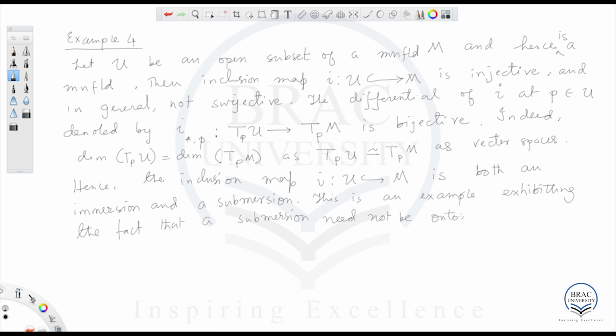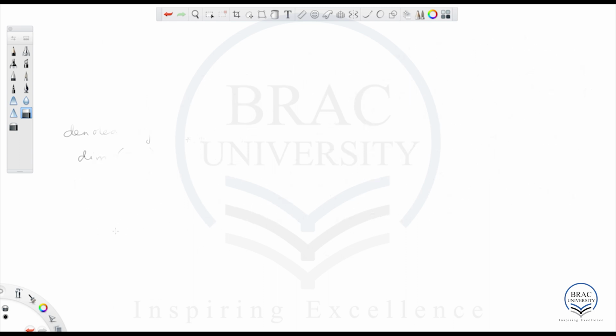Okay, good. Now the notions of rank, critical points, and regular points. Let me erase everything. I'll give the definition of rank and critical and regular points with examples.